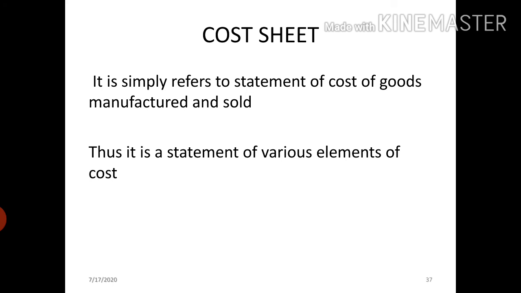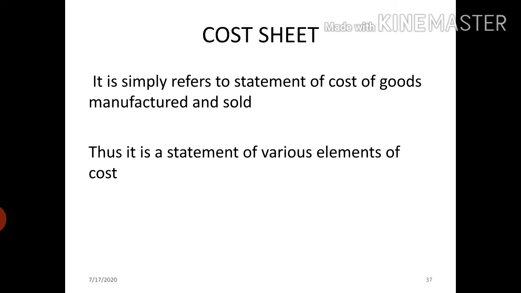So it is a statement prepared to show the various elements and divisions of cost. Consider a manufacturing concern. We discussed that already. In a manufacturing concern, many expenses are there, many production costs are there. We need to analyze the cost, find out the cost, record the same, and prepare a cost sheet for the same.